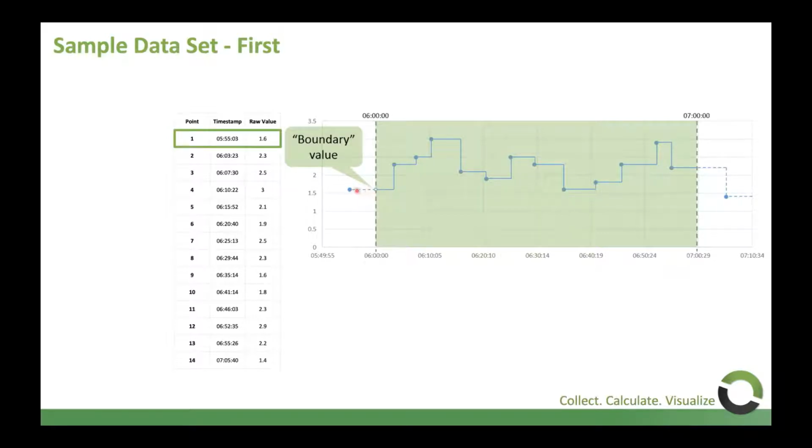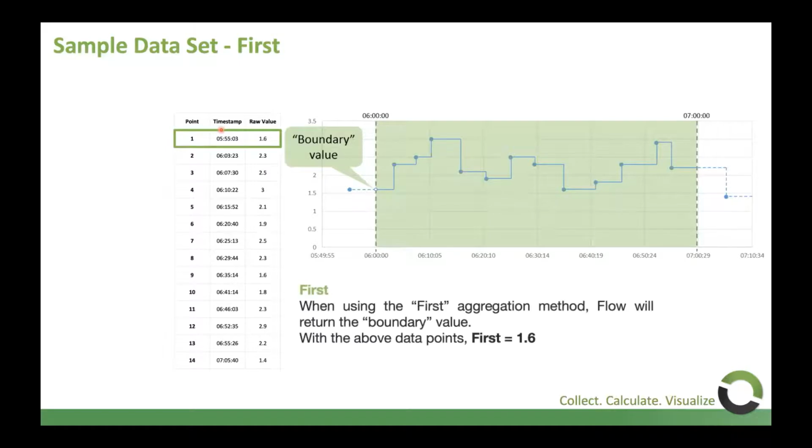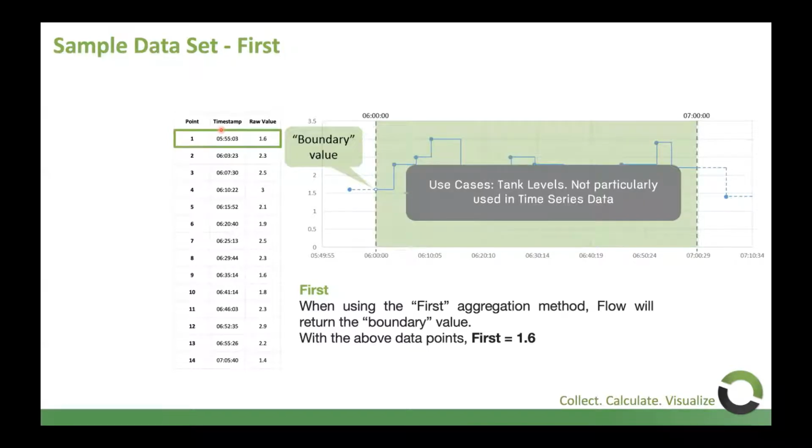It's the value that we bring forward. Again, we do not interpolate. It is exactly that point. And that is the value that we will return when we have a first aggregation method applied on top of our raw data. Where do we use that? We use that for tank levels mostly, but it's not something that we see used a lot in normal time series data.